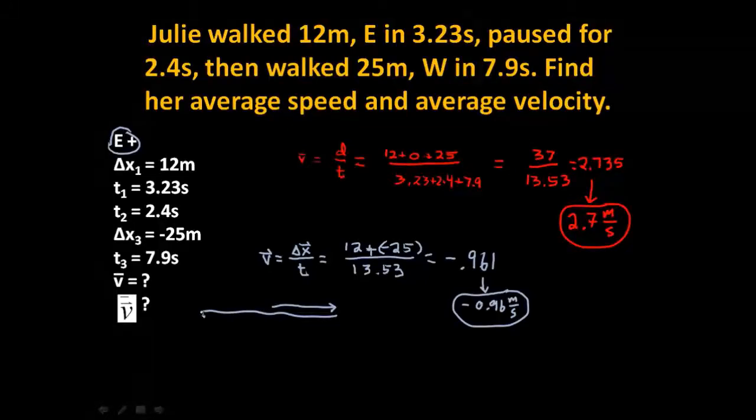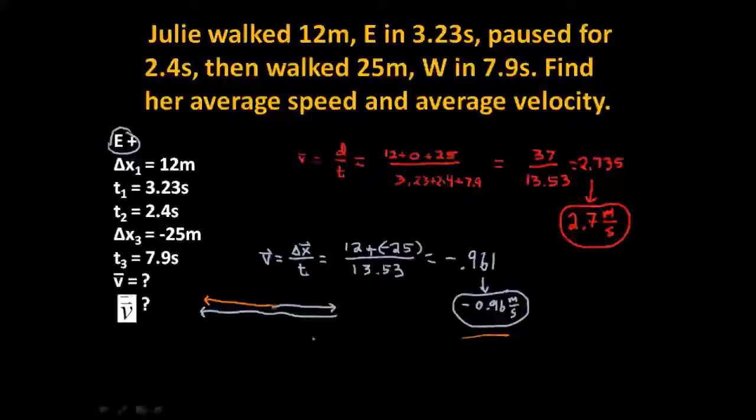And so she ended up here. Well, remember, when you add vectors, you go from where you start to where you finish. Julie started here. She finished over here. So the straight line resultant vector would be like that. Effectively, she was moving west pretty slowly because it took her a long time to take the trip.